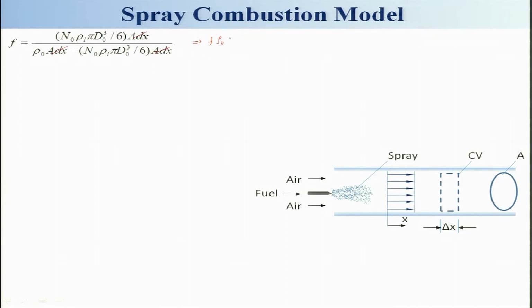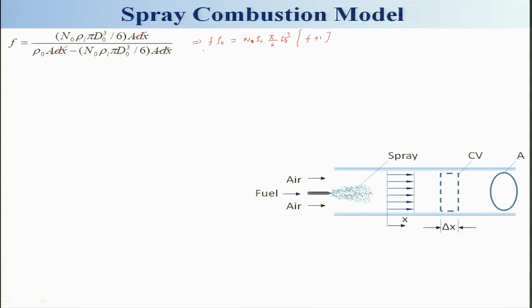Rho naught is equal to N naught rho L, which I can take out, and pi by 6 d naught cubed is equal to A plus 1, because I am just multiplying here and taking that out. I will get this expression, right.